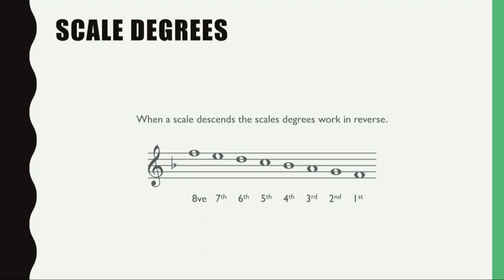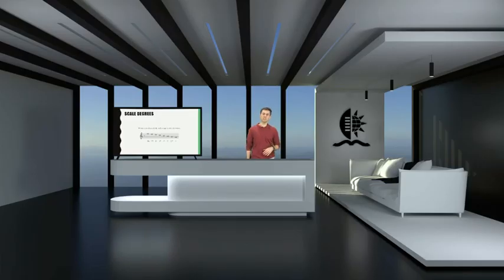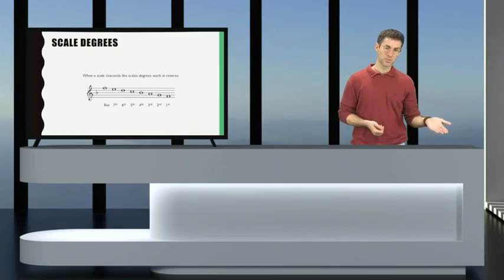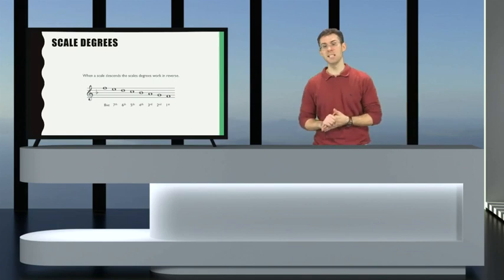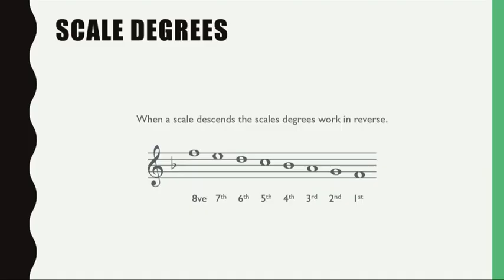Important here is that when a scale descends, the degrees work in reverse. So we don't start with 1 at the top and go down 1, 2, 3, 4, 5, 6, 7, 8. We start with the lowest note being 1. It's the same as when you're working with intervals. The lowest note is the one that you start with. If we look at the screen now, you'll see that the first degree is still the lowest note, even though it's not the first note.